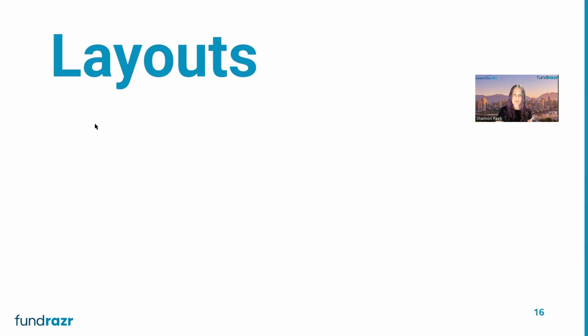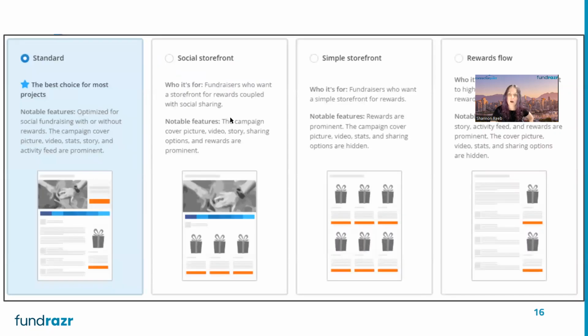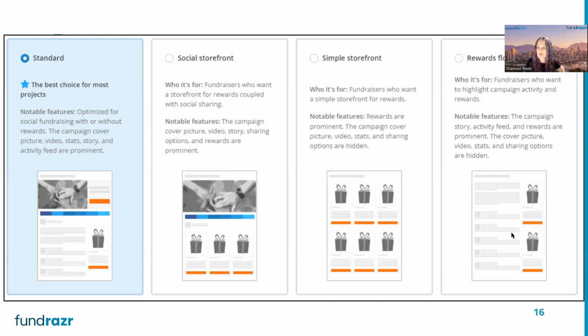But the best layouts for reward items are either simple or standard storefronts, or rewards flow. Rewards flow is more for if you have just a few rewards, maybe 3 to 4. And the storefronts are for if you have a lot of different reward items to give, or wish list items especially. The wish list items I showed you from the shelter are in a storefront format because it looks better to have lots of items in the main part of the campaign.